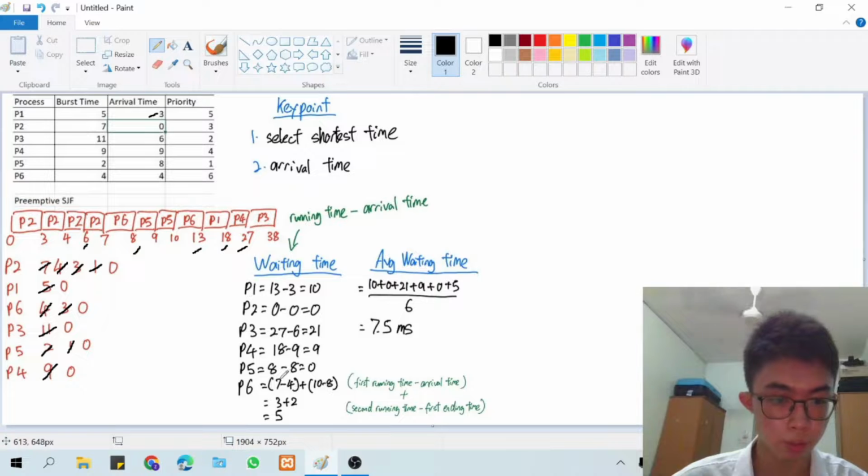By using 7 minus 4, we get 3, and plus the second running time minus the first ending time, which is 10 minus 8, we get 2. After that, 3 plus 2 is equal to 5. 5 is the waiting time for P6.